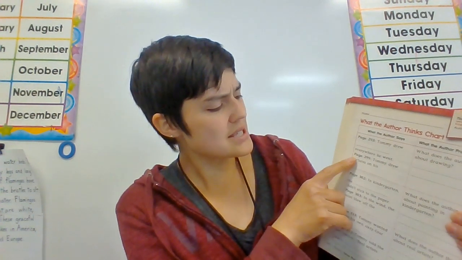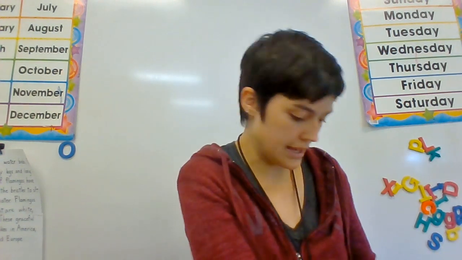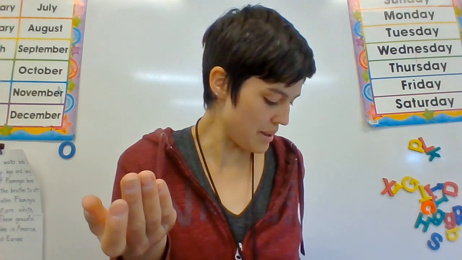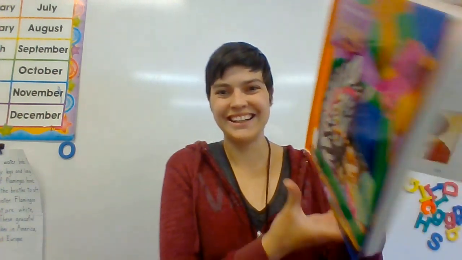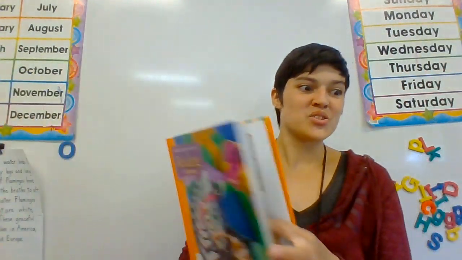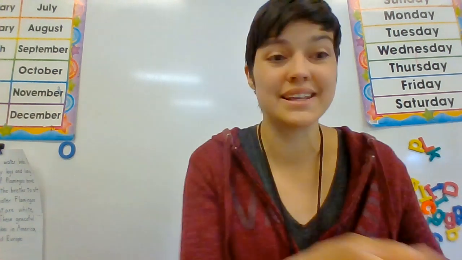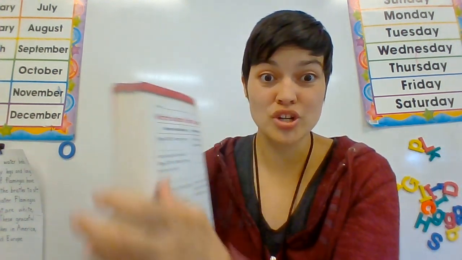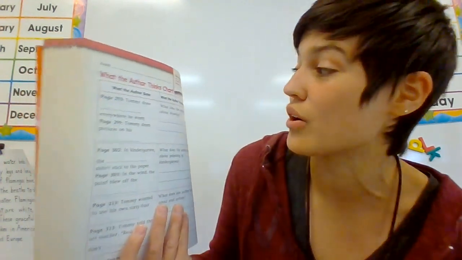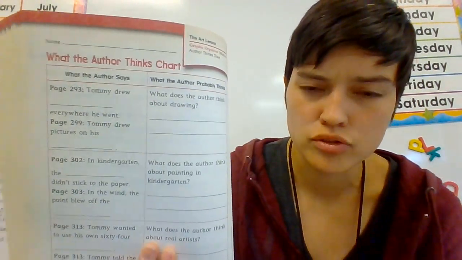And then let's look at page 299. It says Tommy drew pictures on his, do you remember? On his sheets. So because of those two facts that the author included in his story, what does the author think about drawing?